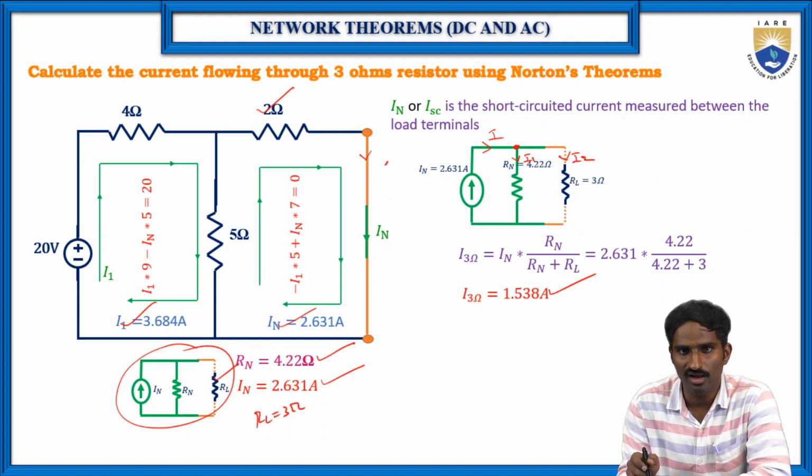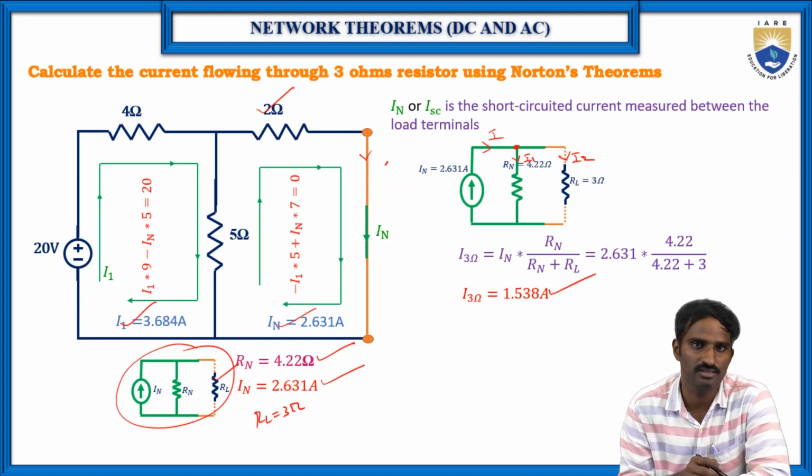But here I Norton and R Norton, which means Norton's current and Norton's resistance, and the load resistance are connected in parallel. That is the only difference between Thevenin's and Norton's.